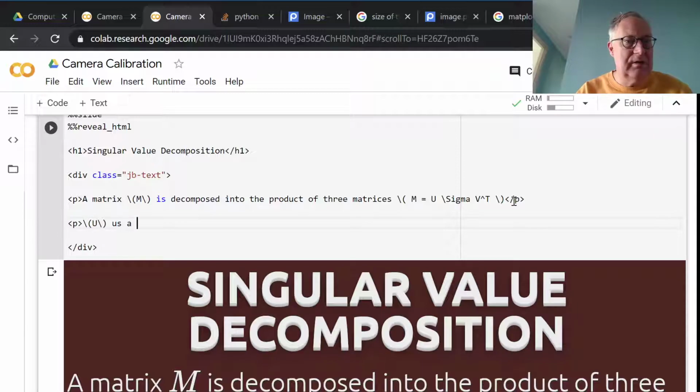U is a unitary matrix, which means it has the norm 1 and its transpose is also its inverse, of eigenvectors of M M transpose.